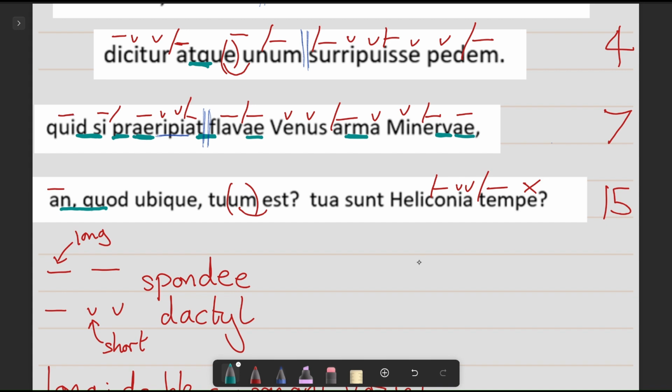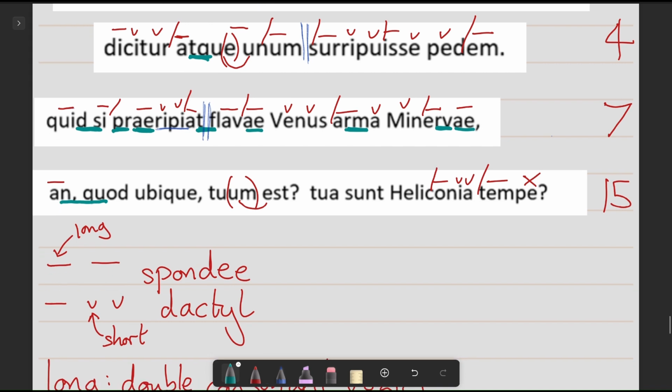But z, like a z, and an x, xa, they count as double consonants because it's effectively like dz and ks for them. Should have probably said that before. Quod ubique tuum est tua, that's a double consonant, sunt Heliconia and tempe. So sunt, est, and then an.